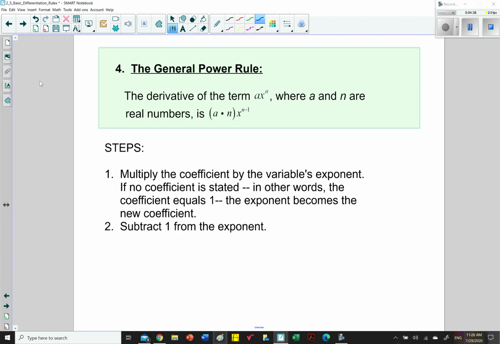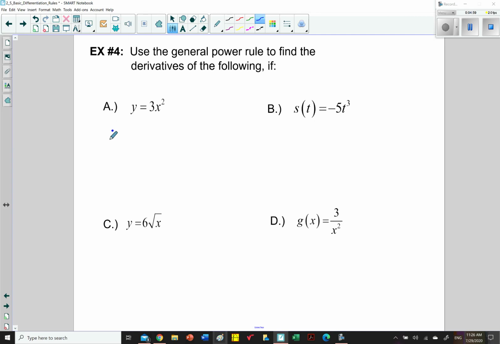And then to make that just a little more complicated and user-friendly, if I have a coefficient a in front of a power function, we're just going to do the same thing, only multiply our power times the a factor, and then again reduce the power or subtract 1 from the exponent in the function. So we'll give a few of those a try. In this case, y prime is 3 times 2, x to the first.